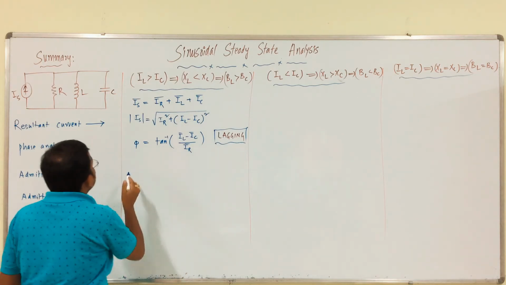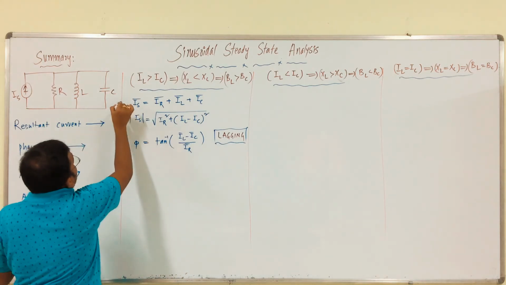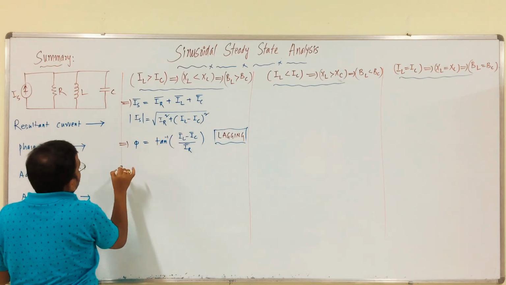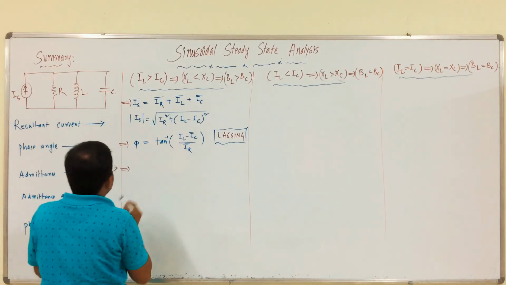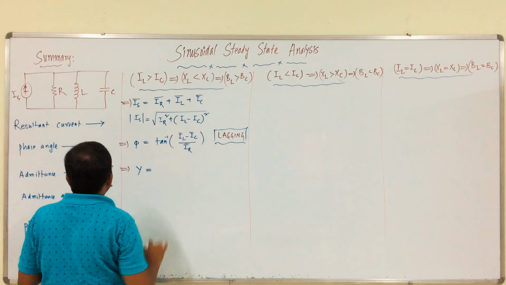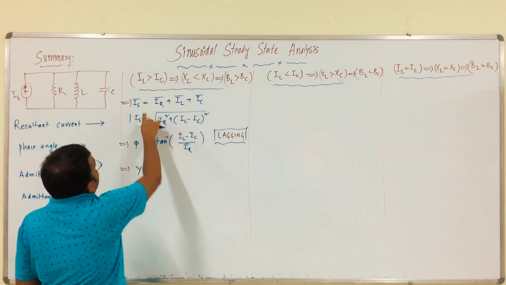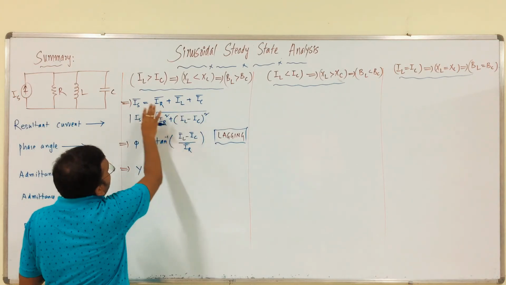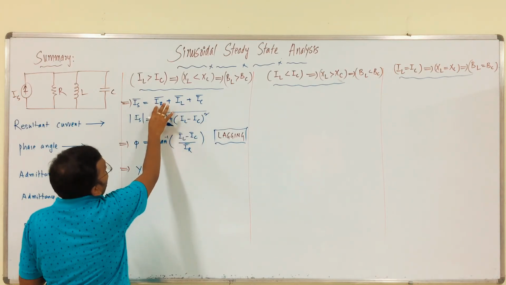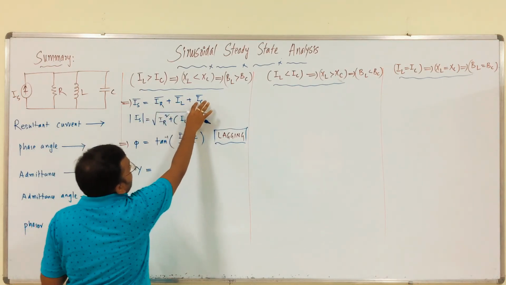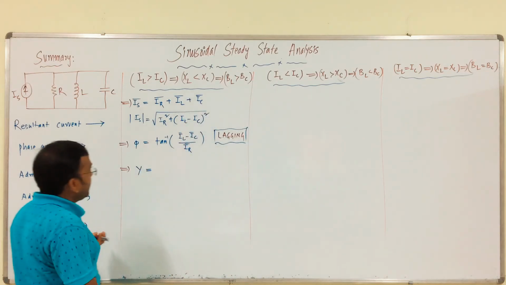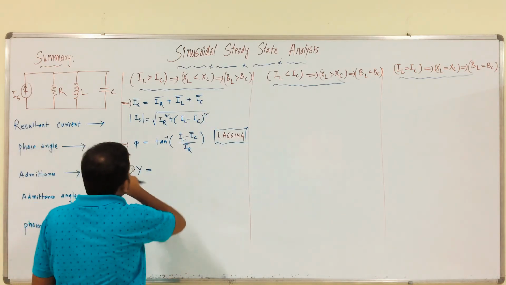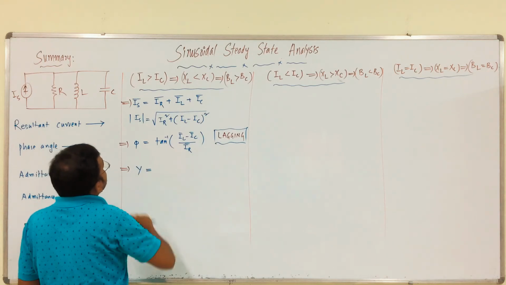So, then admittance. We have IS and phi, next admittance, that is Y, right. So, from this, Y is what? If we take V as common, I equals V into Y, that is V into YR plus V into YL plus V into YC. So, we take V common, you can get this Y, right.